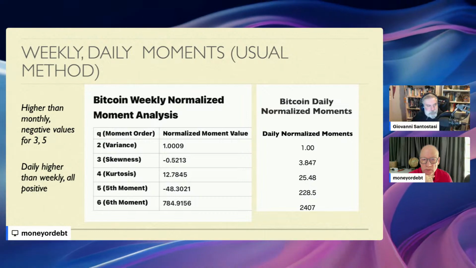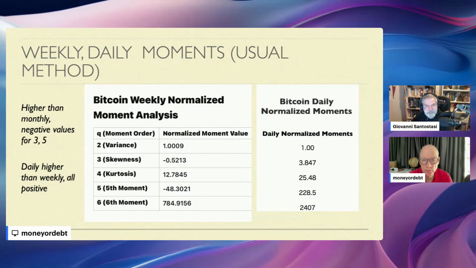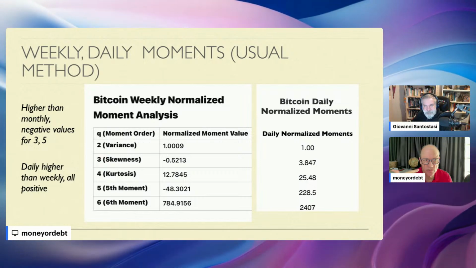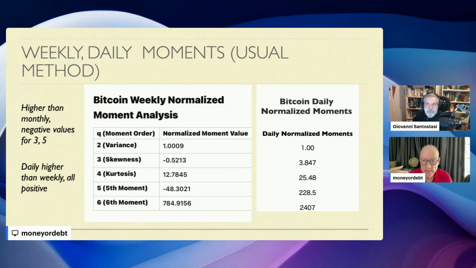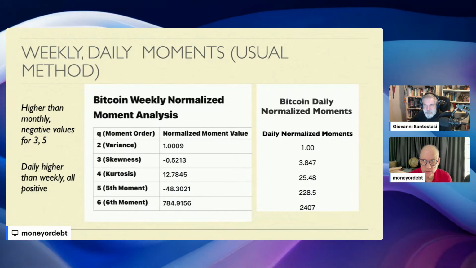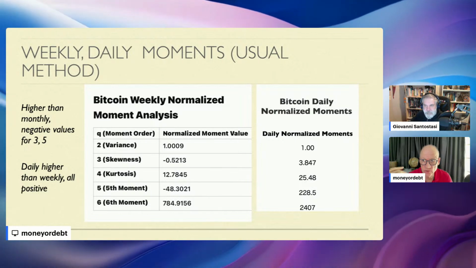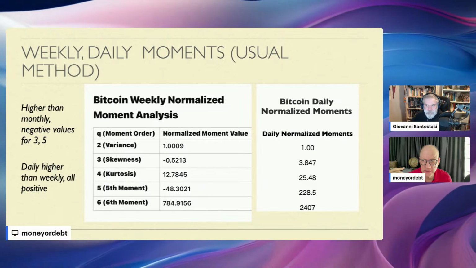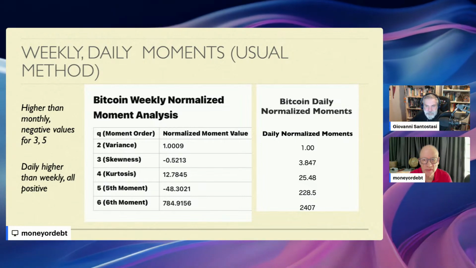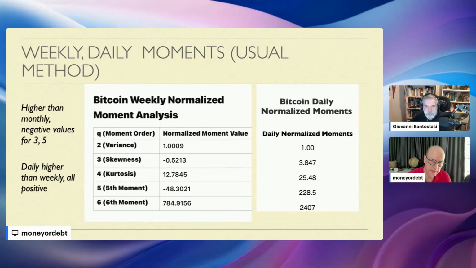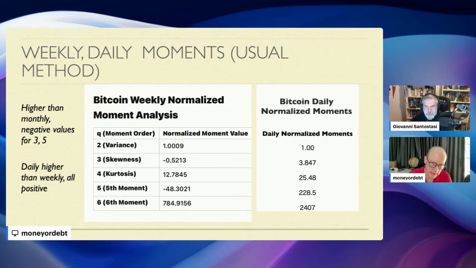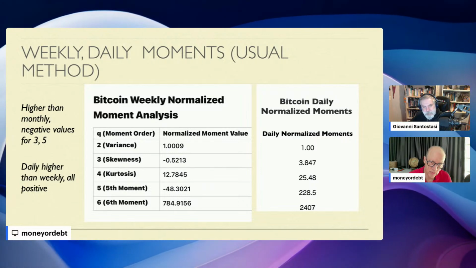Now this is the same process repeated at the weekly time frames and the daily time frames, the normalized moments. And what we see is that we get higher values than the monthly for the weekly, and the daily is even higher than that. But everything's positive with the daily. So looking at the weekly, the skewness is negative 0.52, the kurtosis 12.8.